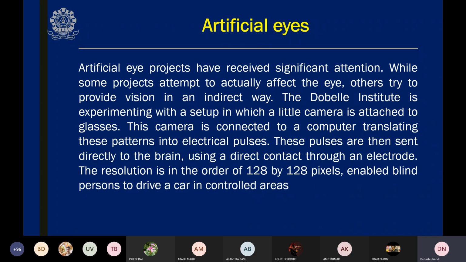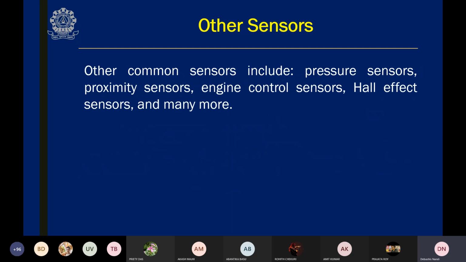So this is the artificial eye, and other types of sensors are there.